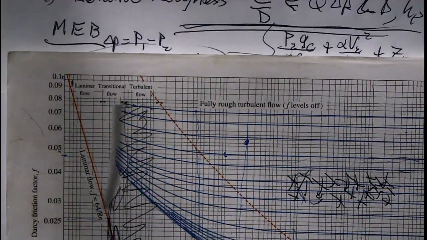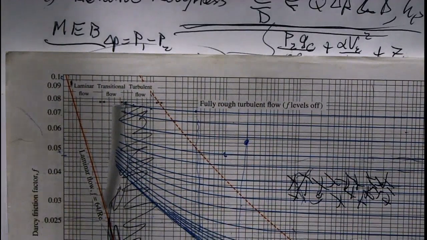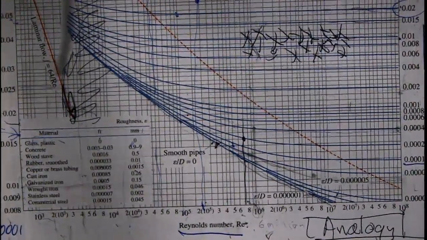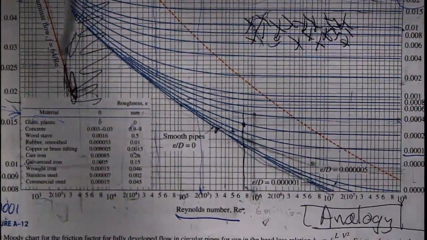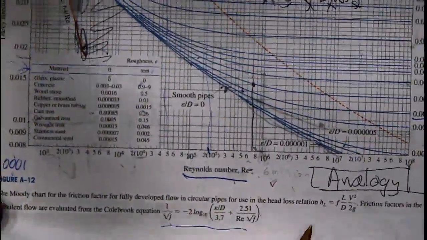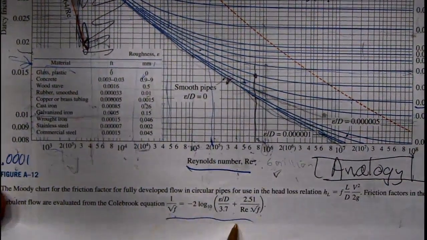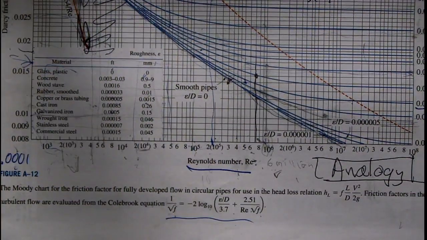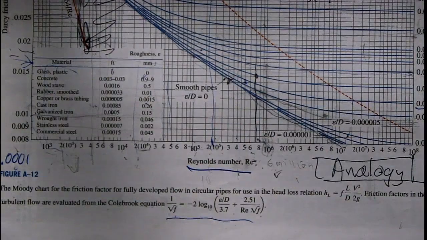Okay. And down here you have this equation, the Colebrook equation. I would not use this equation, right? I wouldn't bother with the equation. The Moody chart is adequate enough.